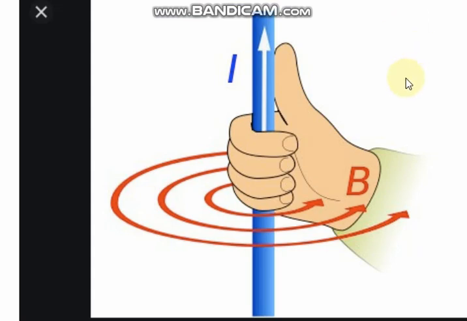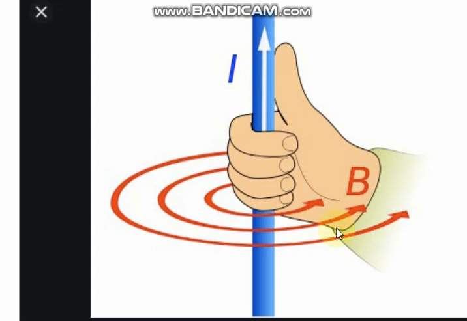So applying Biot-Savart law, you get the magnitude of B at any point P, and to determine the direction, we will apply the right hand rule. If you hold a wire carrying current I in your right hand such that your thumb points in the direction of the current, then the curled fingers will give you the direction of the magnetic field produced by that current carrying wire.